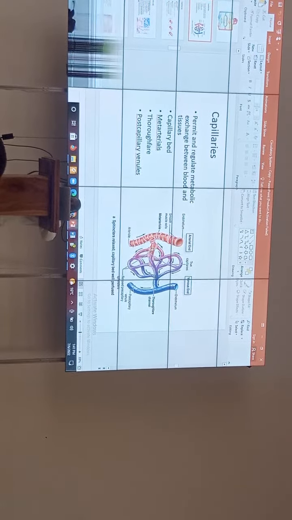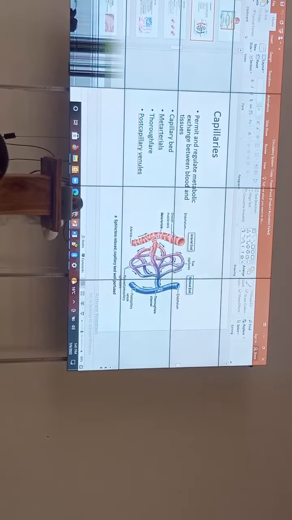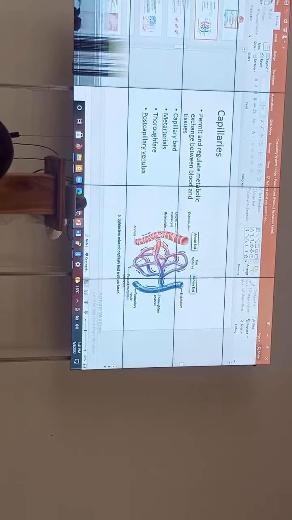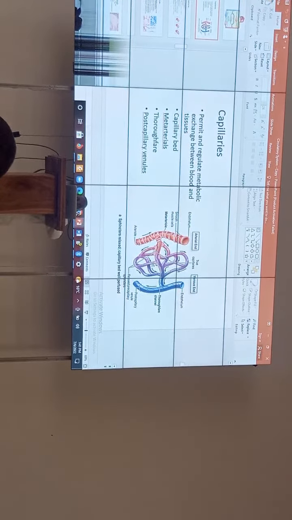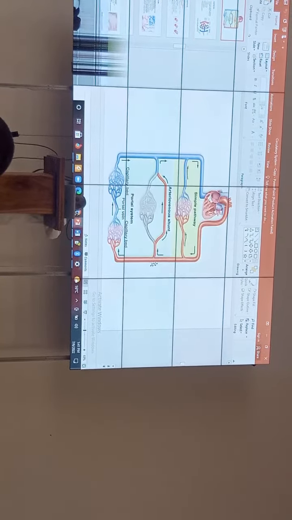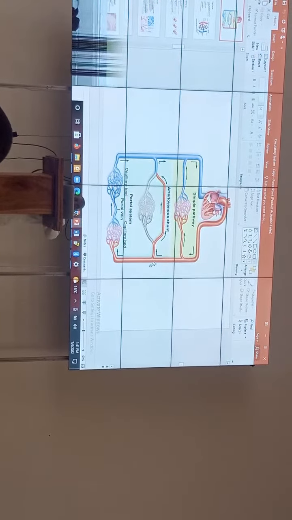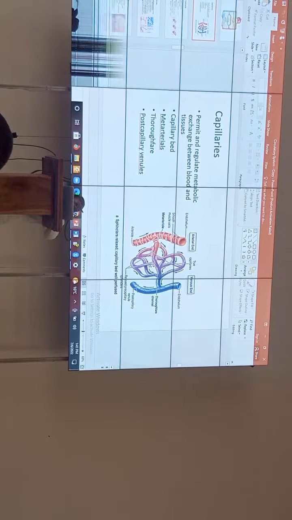So we are shunting blood from the arteriole to the veins. That's the name, arterial venous shunt. This was just like a shortcut of writing it. Yes, ma'am.